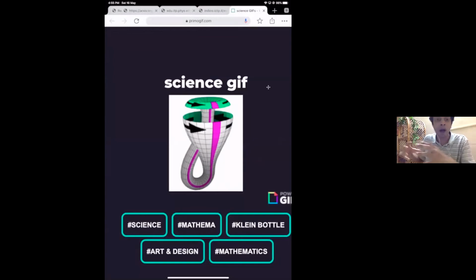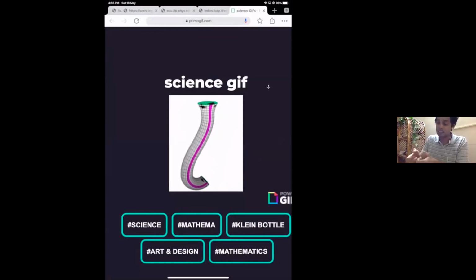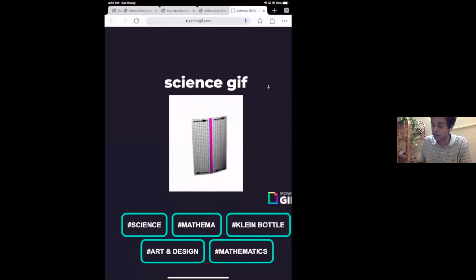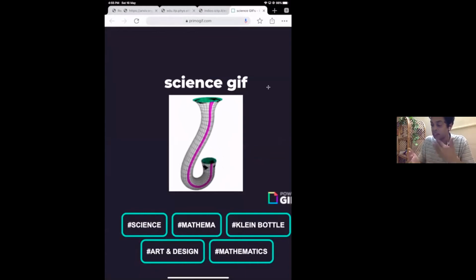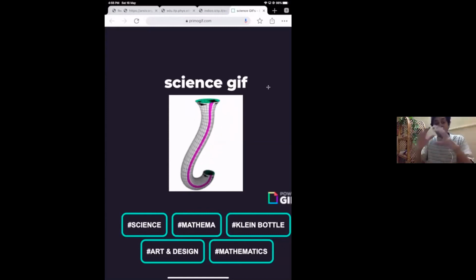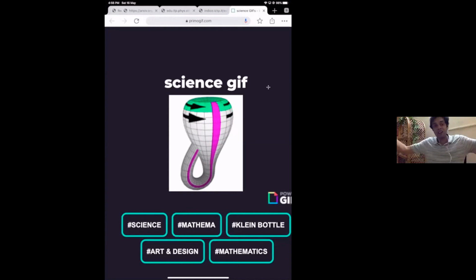You have to pass through the surface and glue up, and that gives you a Klein bottle. Just like the Mobius strip was a one-sided surface, the Klein bottle is a shape where the inside and outside are connected. It's not like a sphere, which has an inside and an outside.